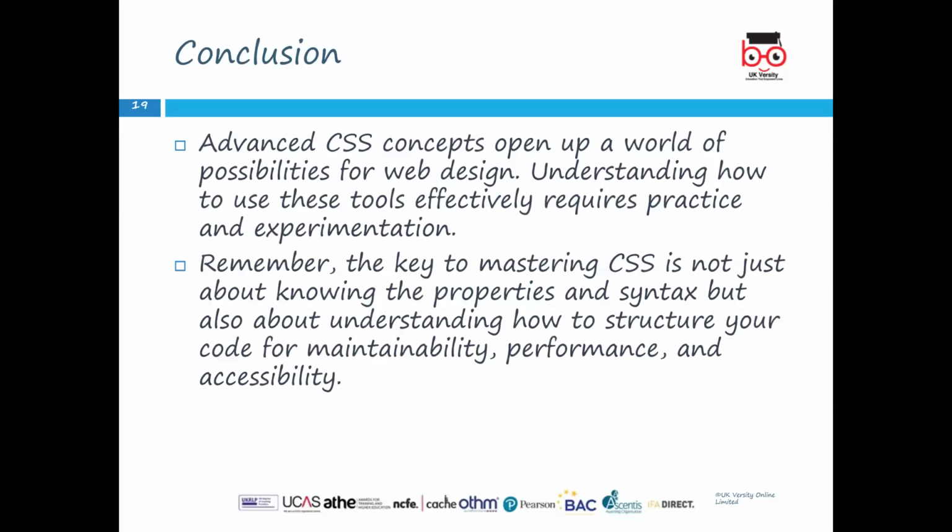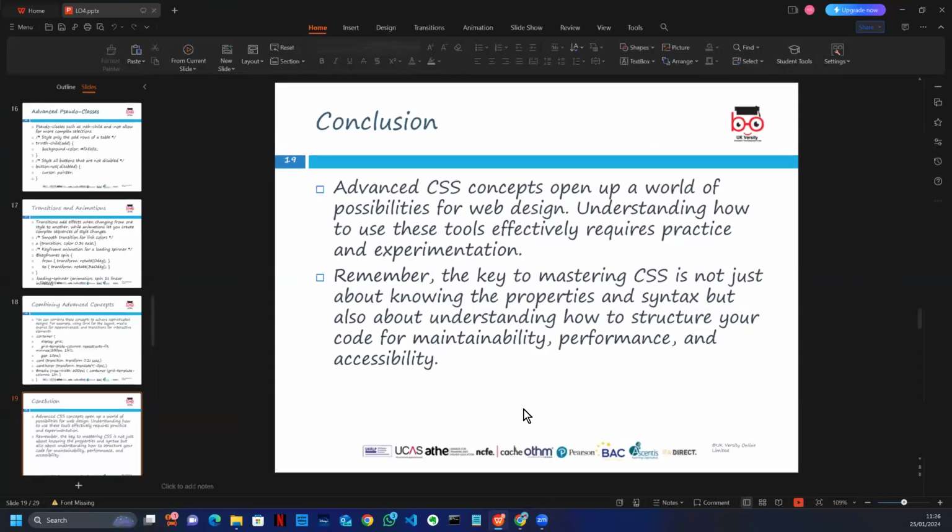So to conclude, we can say that advanced CSS concepts can open a wide range of possibilities. When it comes to creating really good web pages, it is really good if we master CSS, and we can then use it to create a really good web page.